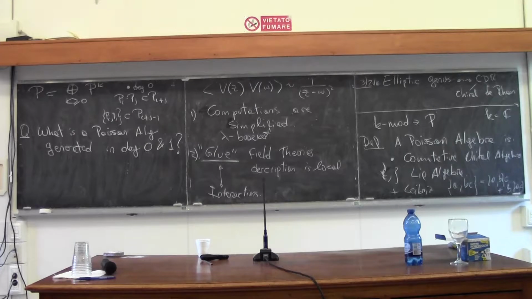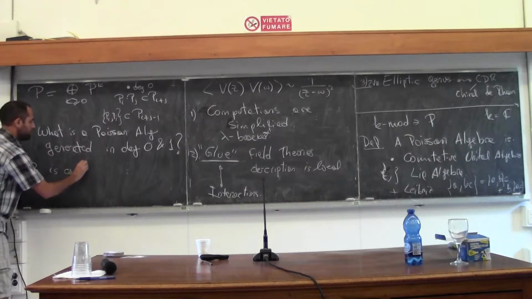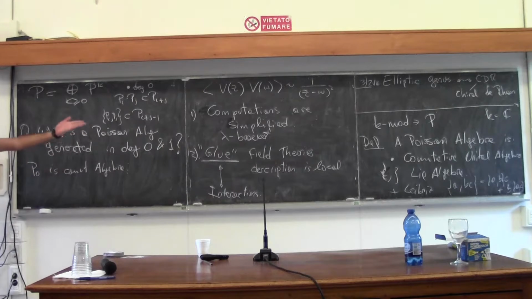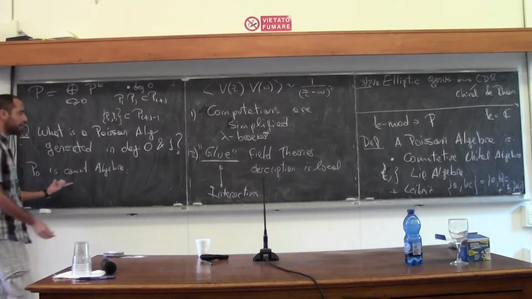All right, so, what is such a Poisson algebra in degrees 0 and 1? Well, the structure quickly tells us what it is. So, P0 is a commutative algebra. We don't have any bracket there because the bracket of degree -1 is empty here. This is the 0 vector space. So we only have a commutative algebra.